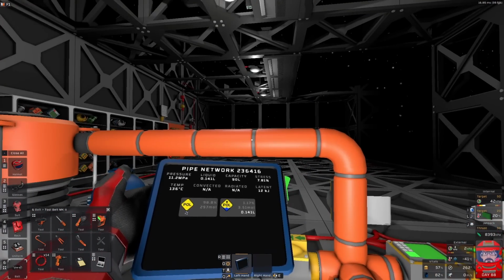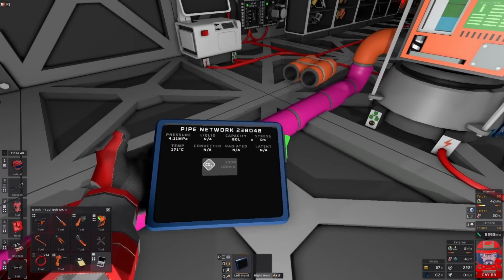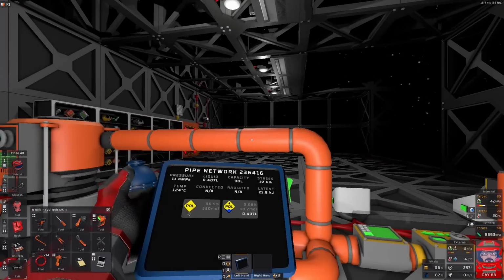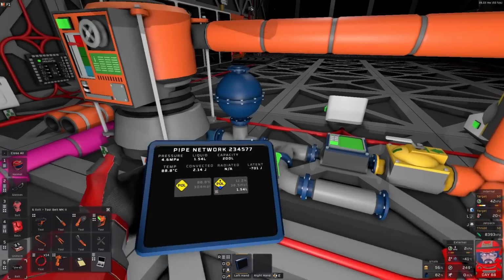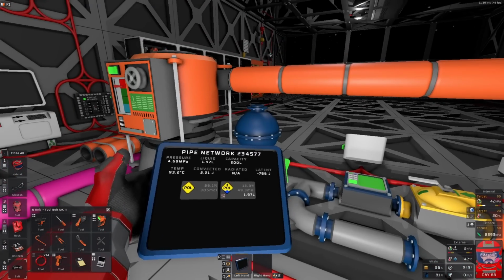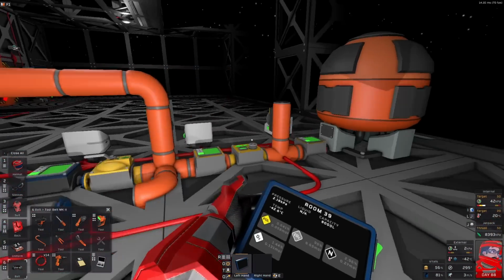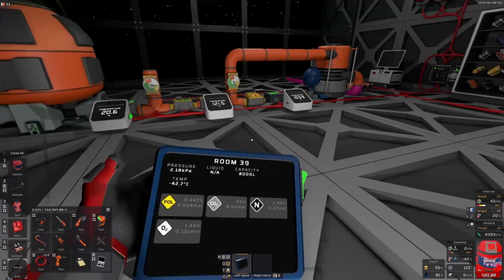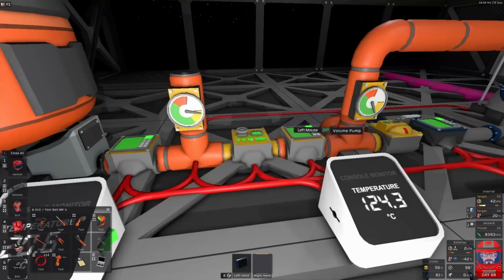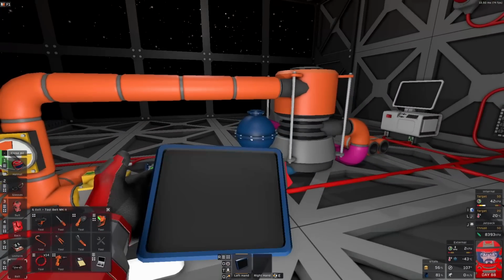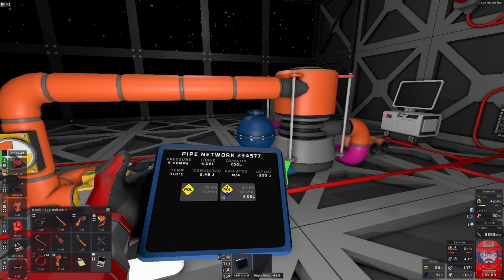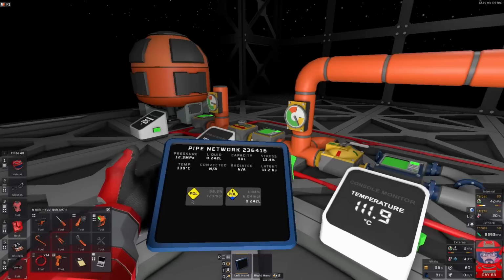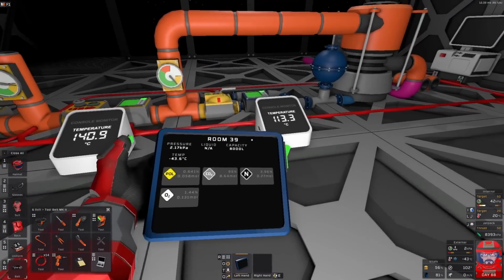Now let's chuck a bit more in there and see how we go. You might find that it all gets too hot now. $110 for liquid.